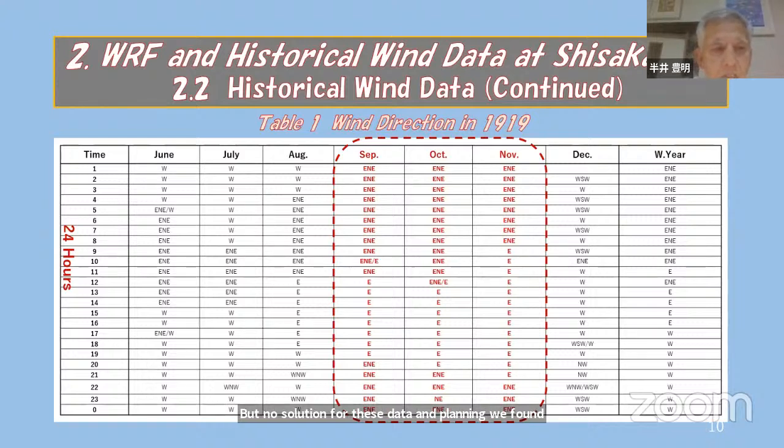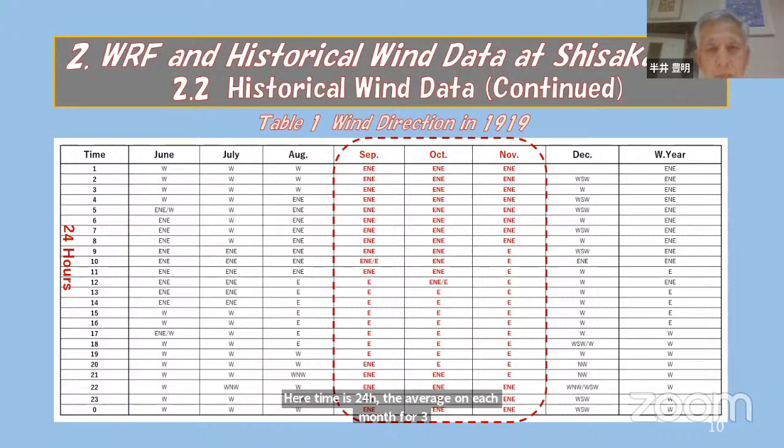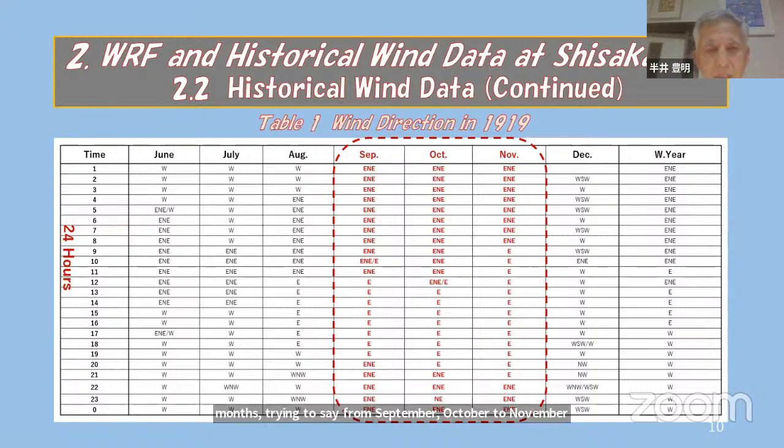Here, time is 24 hours, with the average for each of the 12 months. It shows that from September, October to November, the same situation as the WRF data happens, only three months.